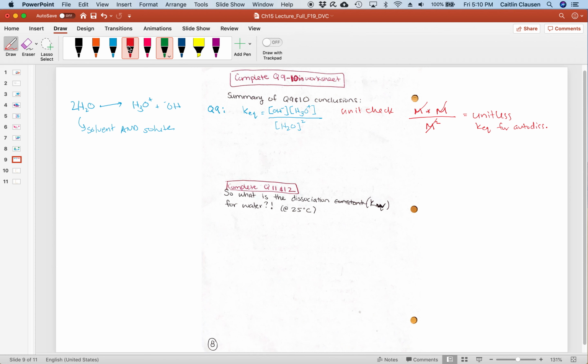But we learned something else in the worksheet. We learned that H2O concentration is so large that we consider it constant. Therefore, it becomes part of Keq.